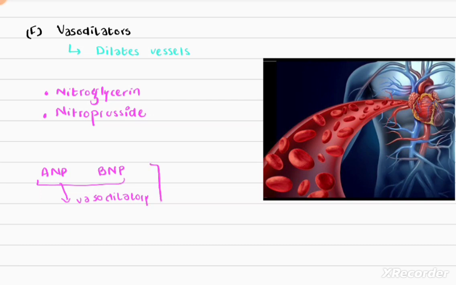So a drug that is available in the market that inhibits this enzyme is called sacubitril. This is also used in the treatment of chronic heart failure.